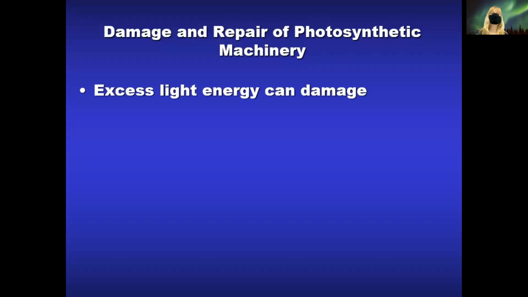So excess light energy certainly can damage plants, just like sunlight damages us too. We get sunburns and possibly skin cancer. Plants don't get skin cancer, but they can still have issues with free radical formation, and that can damage. We get the same thing happening in our cells. It can damage the lipids and the DNA and the proteins.